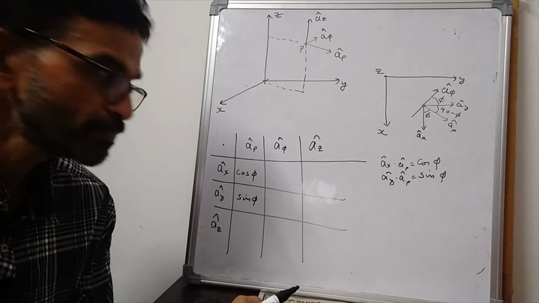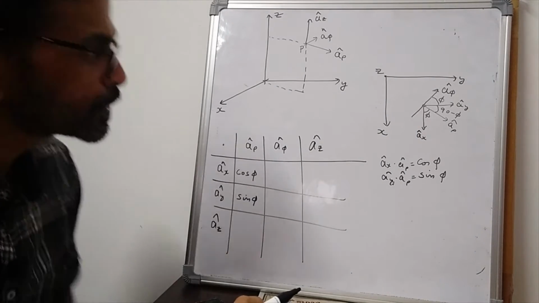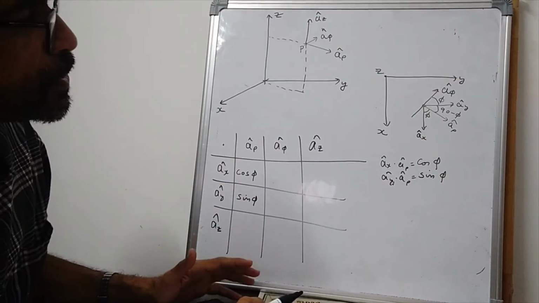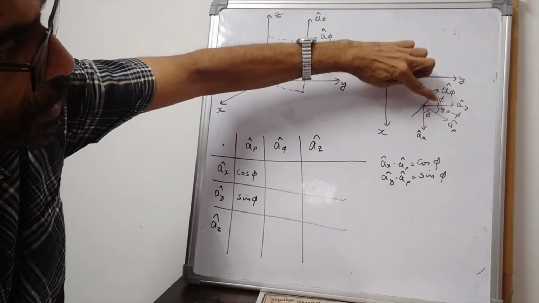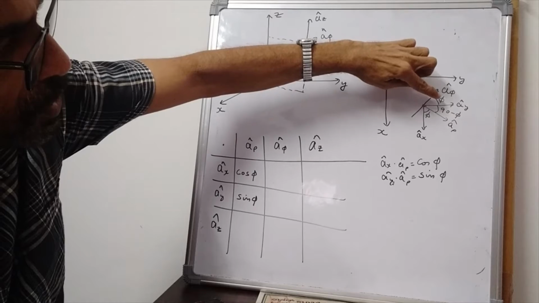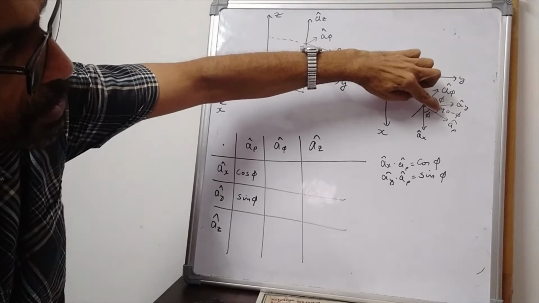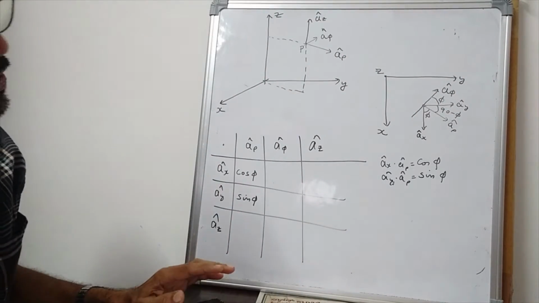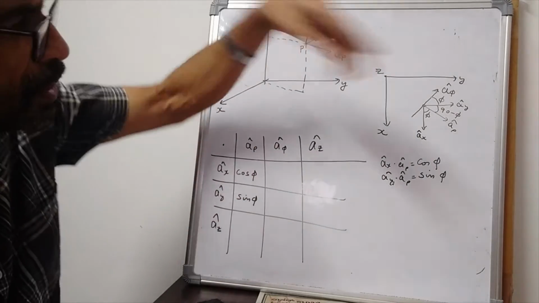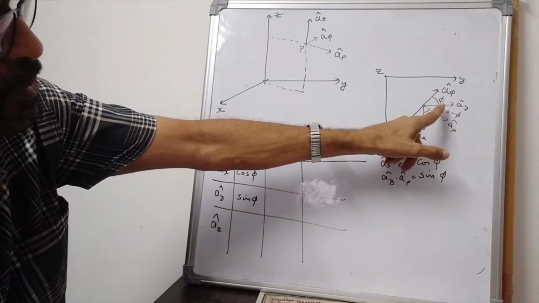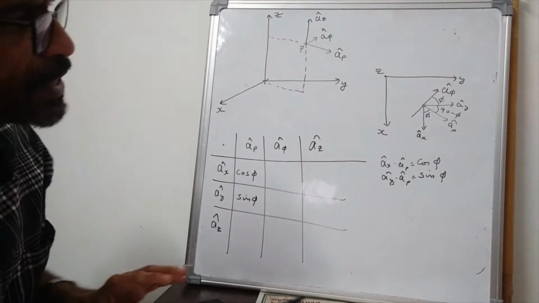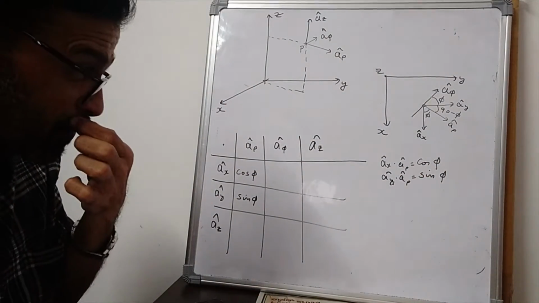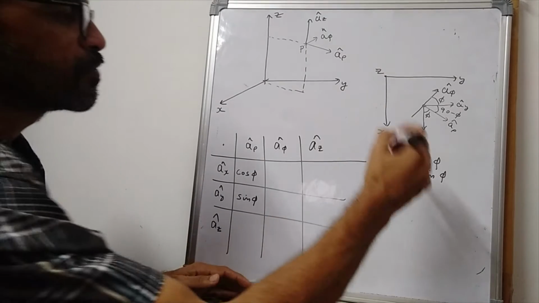So when you add these two, you get 90, which means that the angle between ax cap and a phi cap is phi plus 90 minus phi plus phi, which gives 90 plus phi, which is quite obvious from this figure as well, because this is 90 and this is phi. So 90 plus phi is the angle between ax cap and a phi cap.